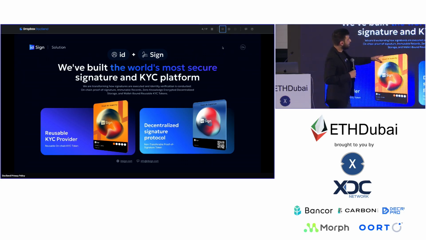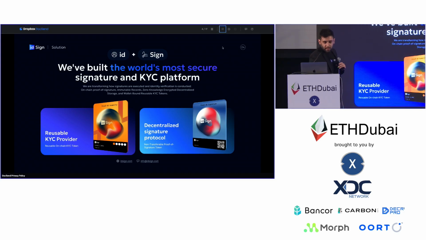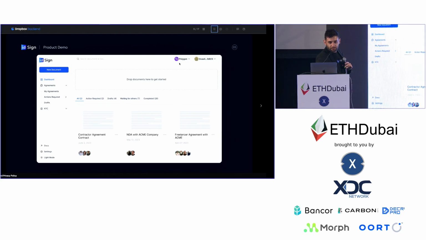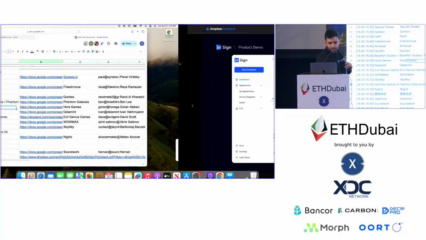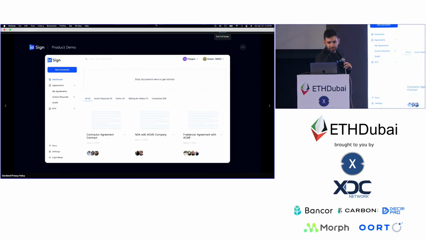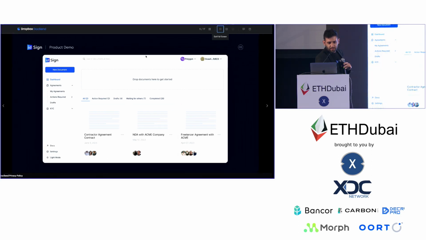And the cool thing is how we will onboard people: we will just log in people with Google. Actually, I can show you how easy it is.